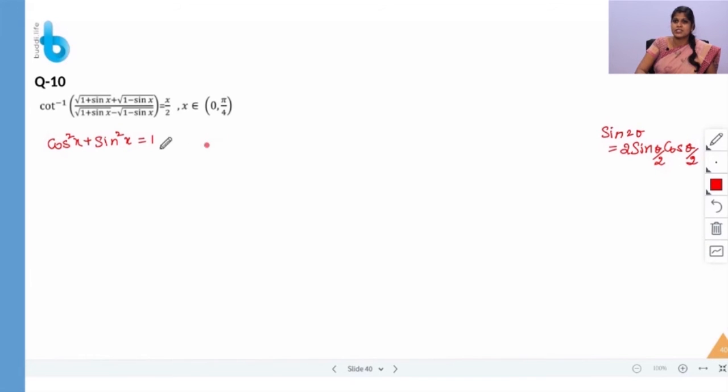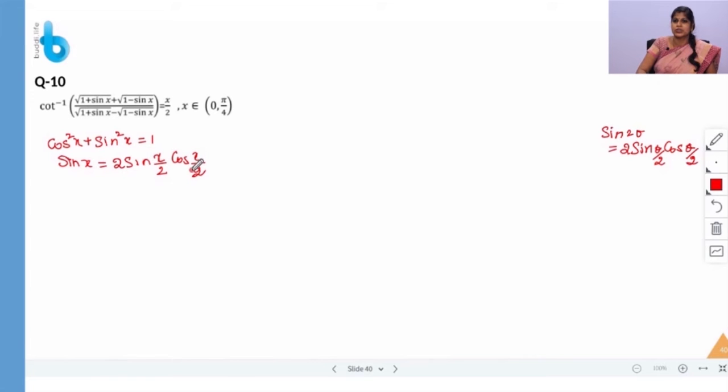So instead of sin x, what we are going to use is 2 sin x by 2 cos x by 2.